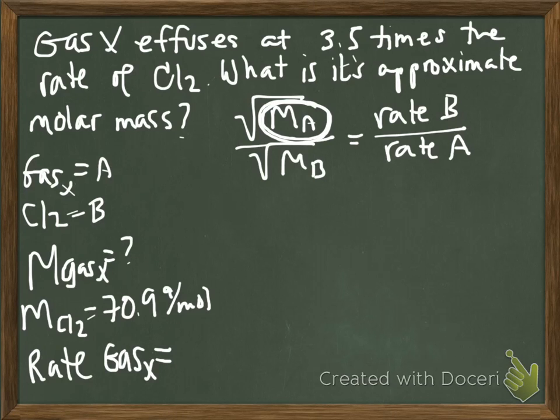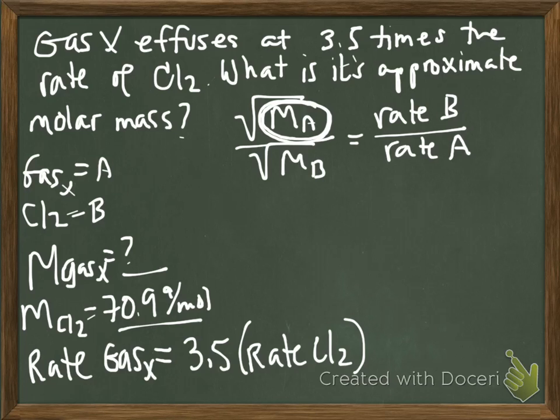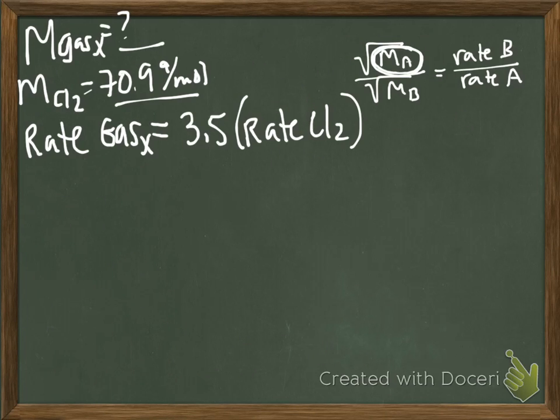Okay, so we've listed the things we know, or we've started to. We're looking for the mass of our unknown gas. We have the mass of our chlorine gas, and we're told that the rate of effusion of gas X is 3.5 times the rate of the chlorine. Okay, so I've got all my information here, and I've decided that I'm going to make the one on top my unknown gas.